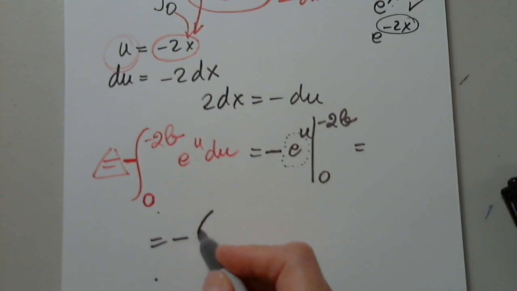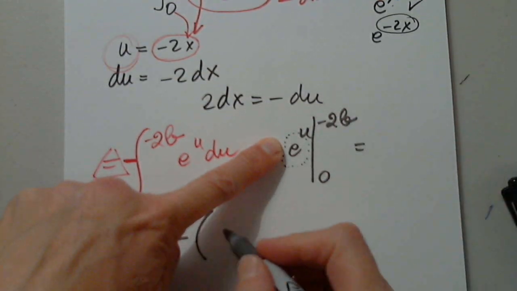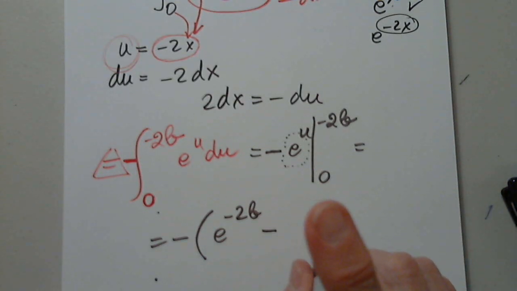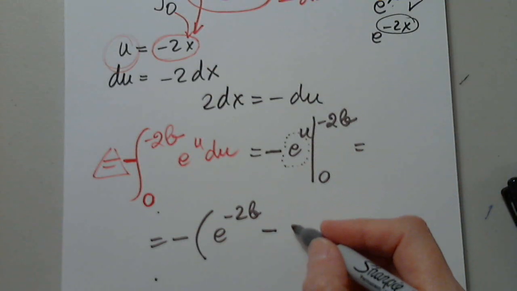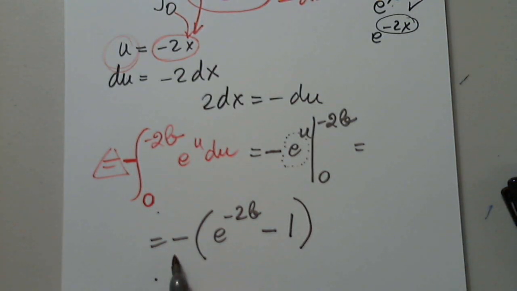Leave the negative outside, patiently waiting. I plug inside negative 2b, so e to negative 2b minus, this is not a polynomial. When I plug in 0, what do I get? 1.